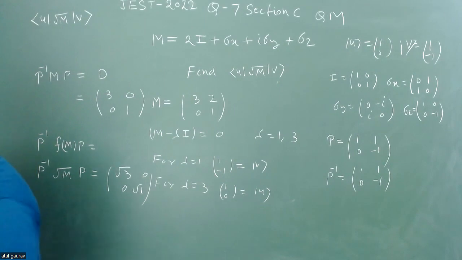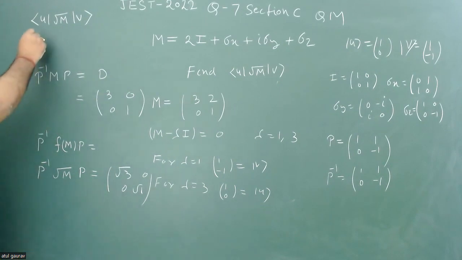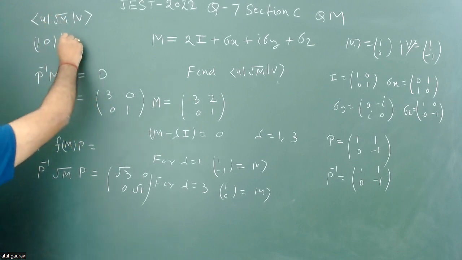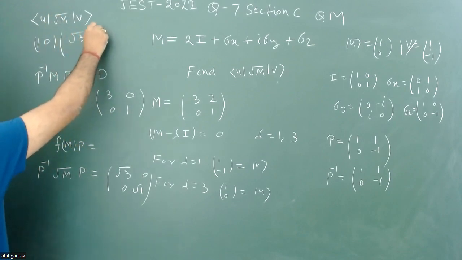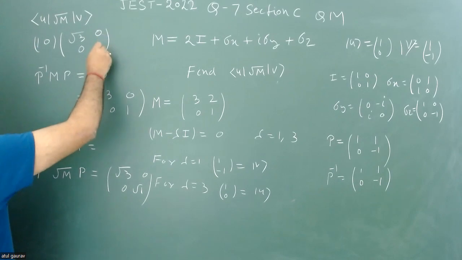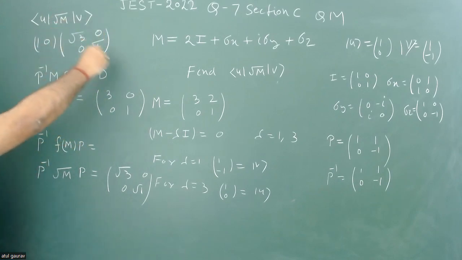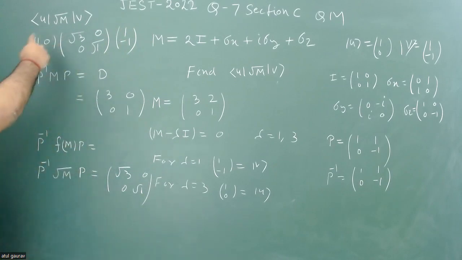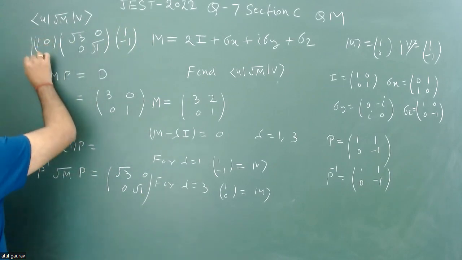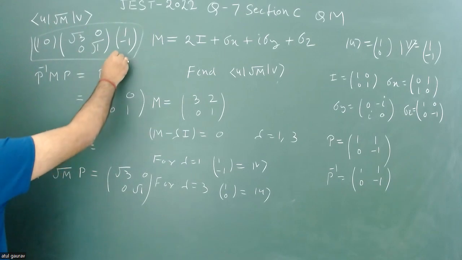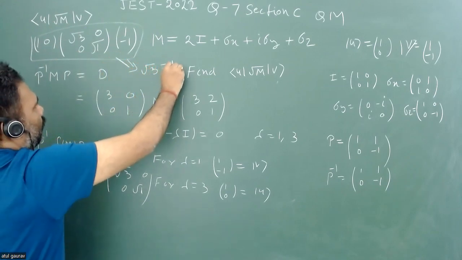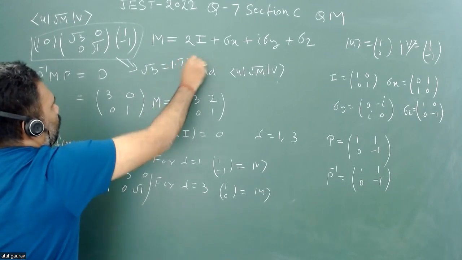So u will be 1 0, as a column vector. Root M we can write as root 3 0 0 1, and you can write root 1 also, and v matrix is 1 minus 1. When you calculate this particular thing, it can be easily calculated, and this value is equal to root 3, that is 1.732.